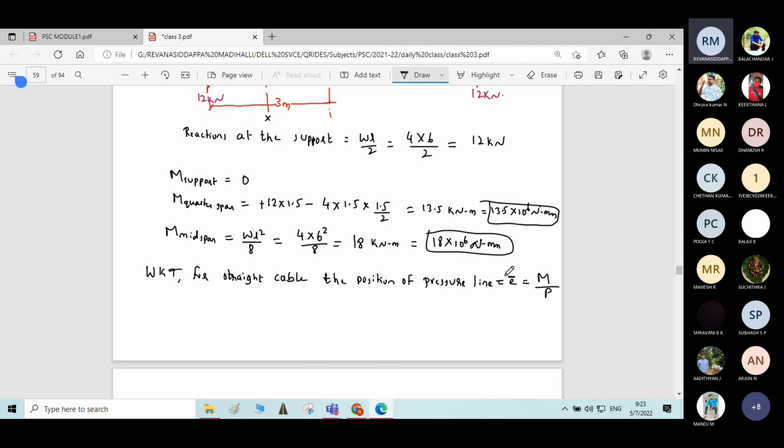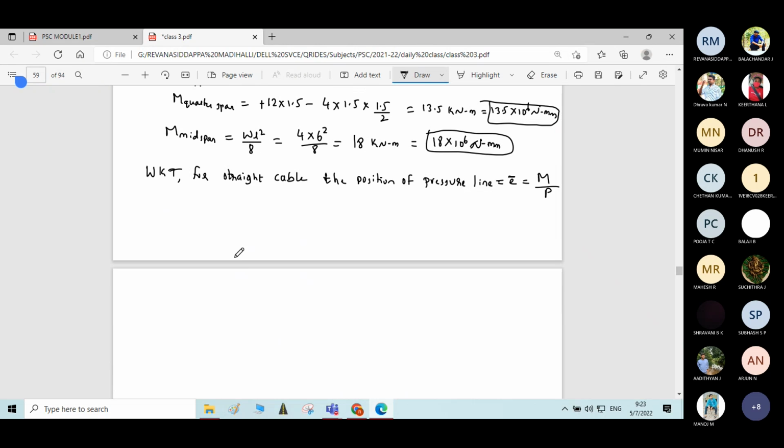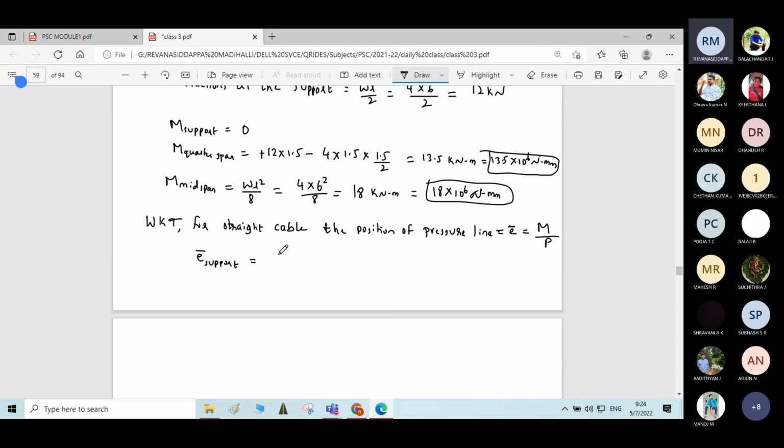Let me take it as E bar so that we can understand it as location of the pressure line or thrust line. Therefore, E bar at support, location of the pressure line at support, is M by P. M is 0, so it becomes 0 only.